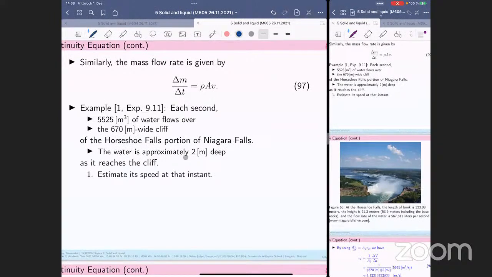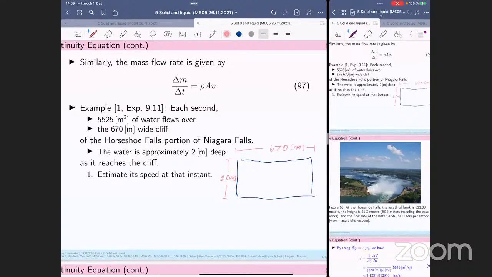The water is approximately 2 meters deep as it reaches the cliff. Estimate its speed at that instant. So let's summarize it. This is the cross-sectional area of the Horseshoe Fall. The height here is 2 meters, and the width is 670 meters.